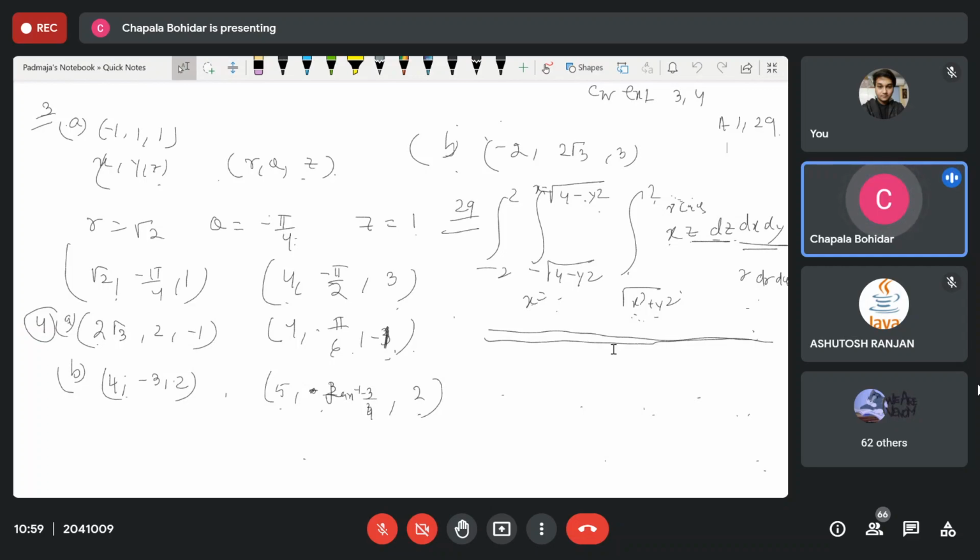If u is a function of yz, then the plane must be yz. If u is a function of zx, then the plane must be xz. According to your plane, you know type 1 and type 2. You write down your integral value. First you go for the functional value, then you go for the constant. Like this you have to solve your triple integral. And if possible in cylindrical or spherical, you convert the domain to polar form, then it is easy to solve.